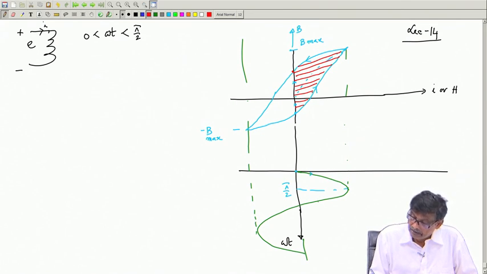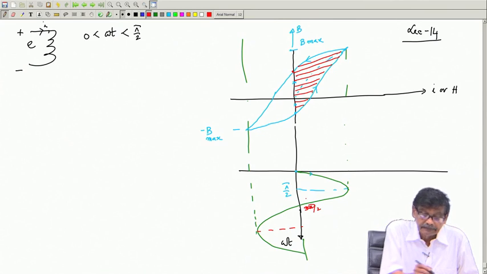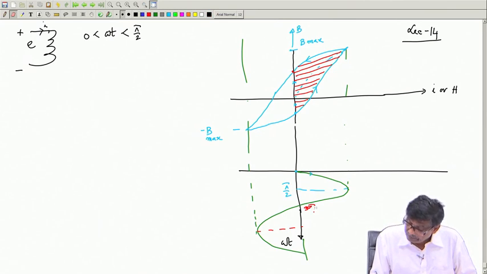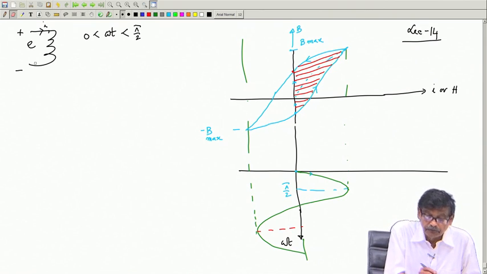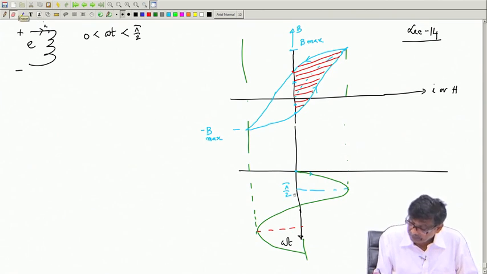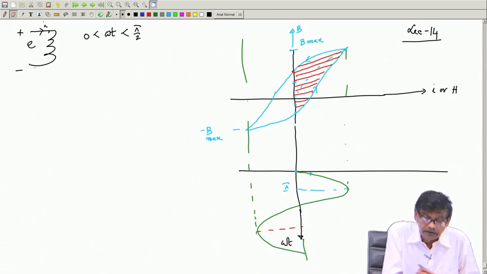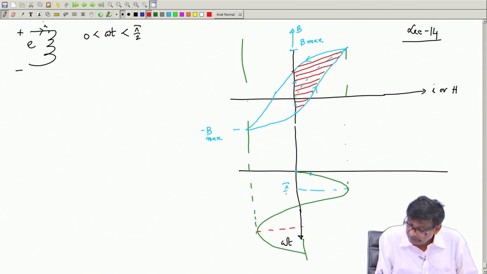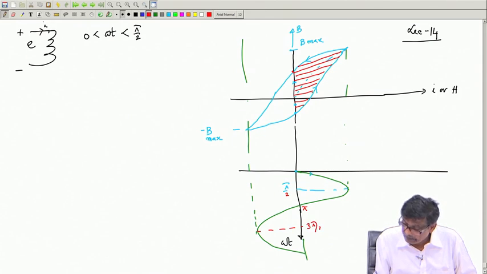So, during pi by 2 to 3 pi by 2, it will do like this, and this point is how much, I am sorry, this is pi by 2 and this is pi, and this is 3 pi by 2.